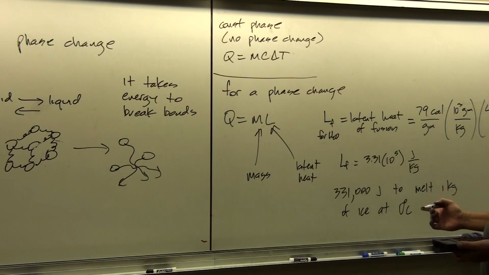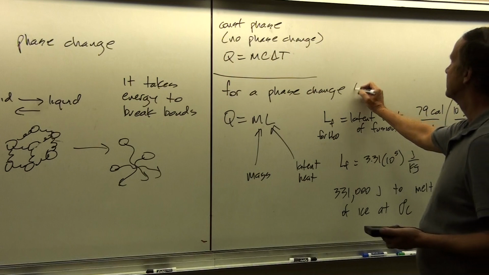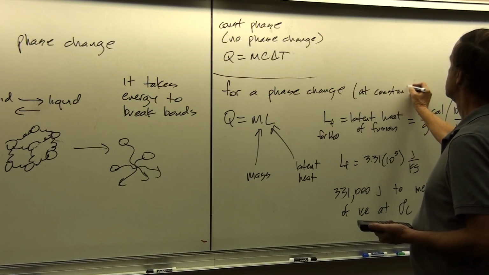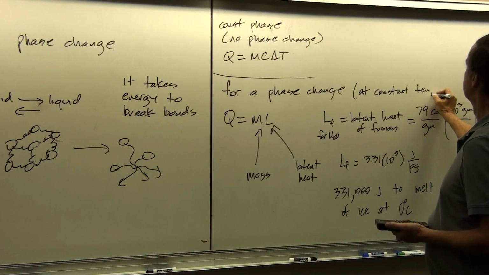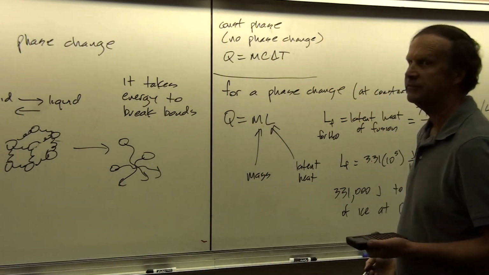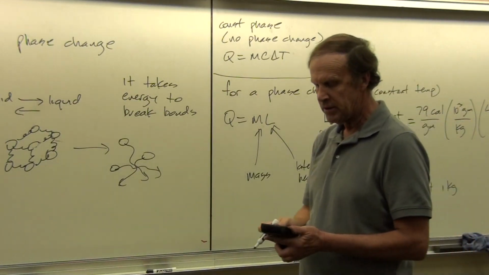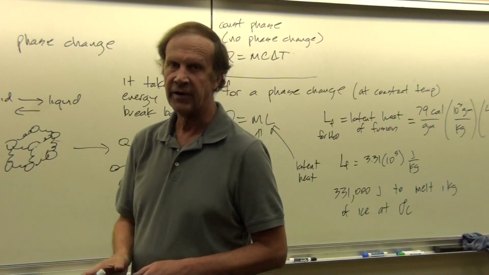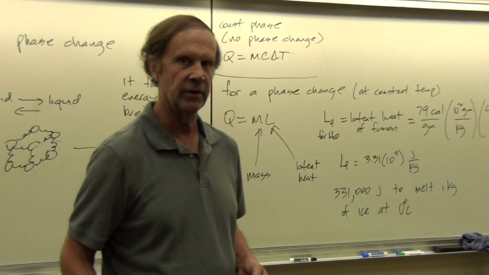Okay, so phase changes occur at constant temperature. And equivalently, temperature changes occur at constant phase. So you're doing one or the other, but you're not doing both at the same time, provided the material is in thermal equilibrium.